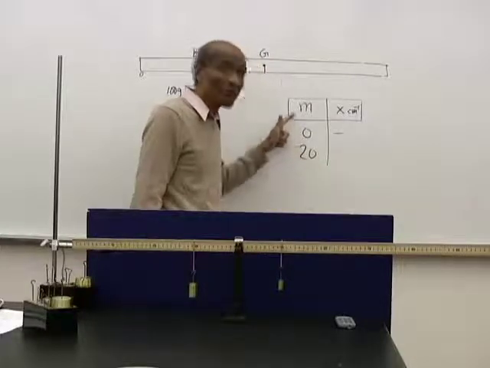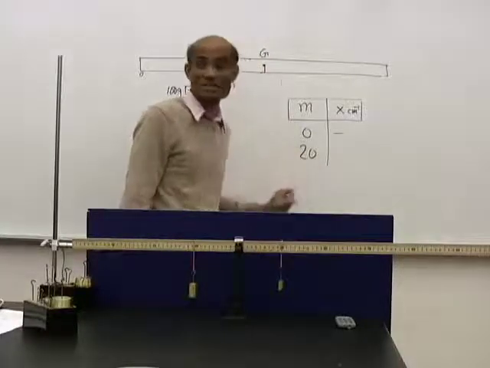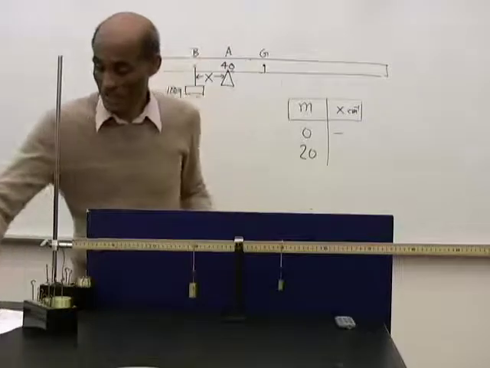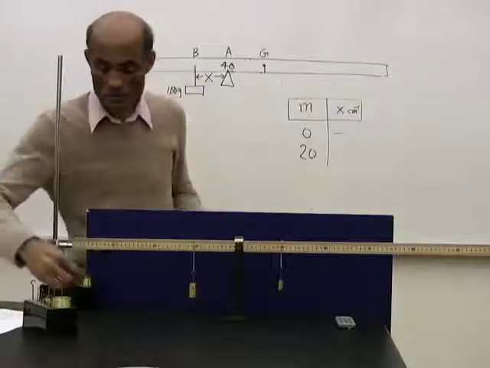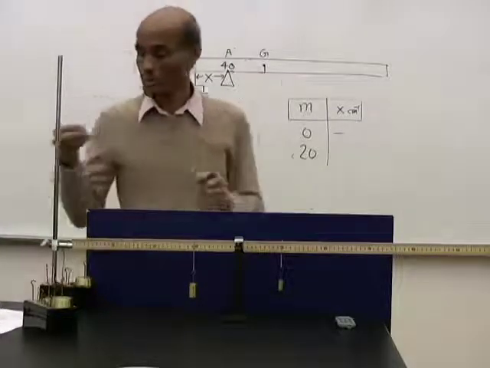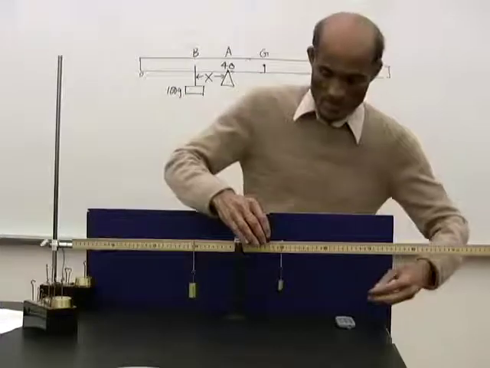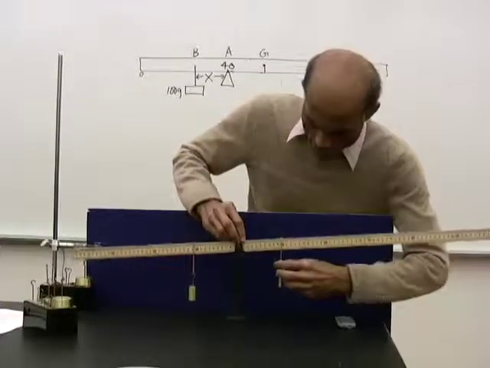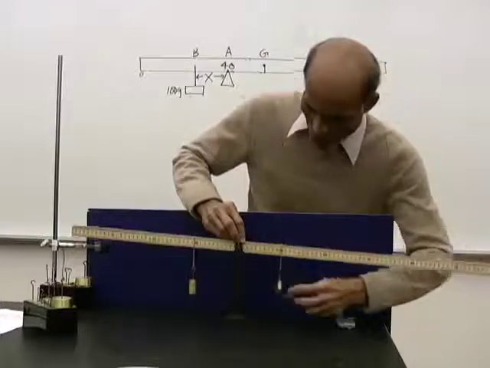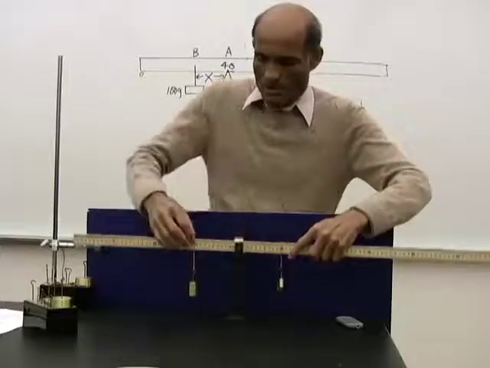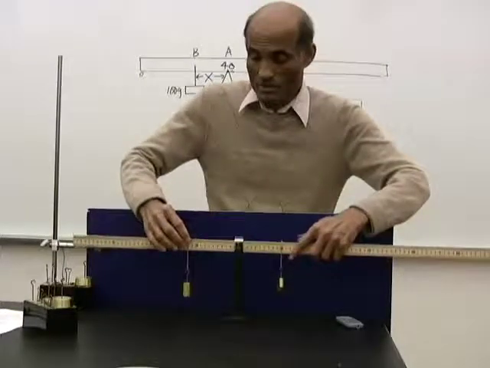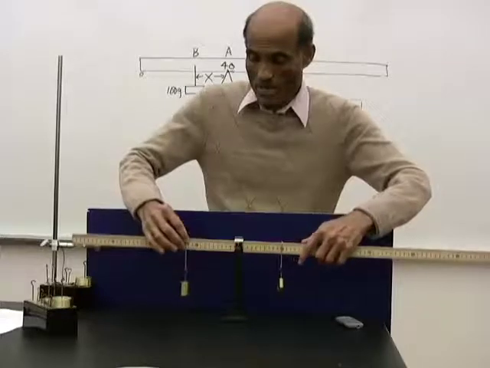Now repeat for m equal to 40, 60, 80, 100 and 120. So I'm going to put in another 20 so that the mass at the center of gravity is now 40, and I'll change the x to get balance again.